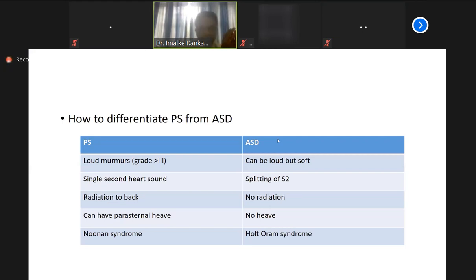If it is ejection systolic, there could be two possibilities, PS or ASD. I have given you how to differentiate that. To listen for radiation, you have to examine the back just below the scapula. If you hear the murmur on that side also, that is PS.